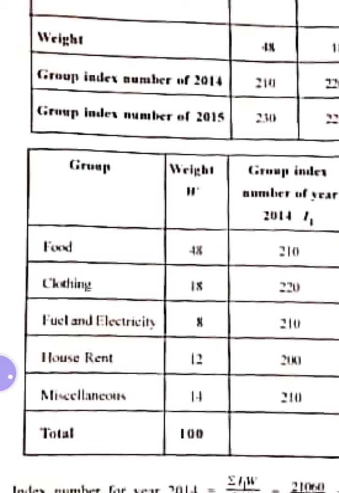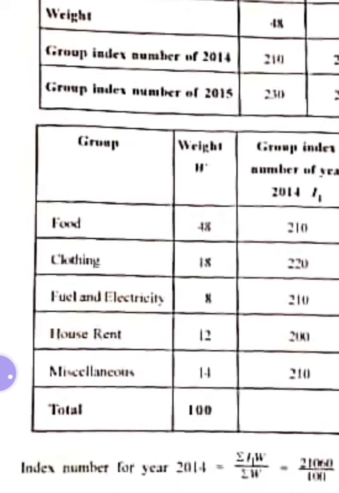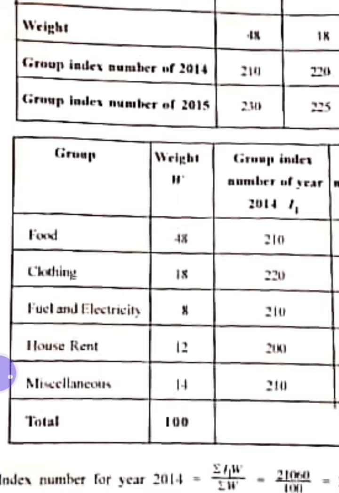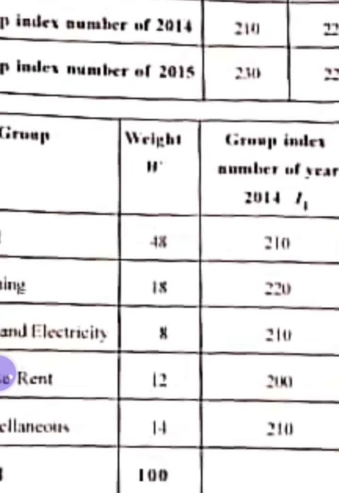We are going to take the groups vertically: food, clothing, fuel and electricity, house rent and miscellaneous. Then the weight, that is W, which you would find is 48, 18, 8, 12 and 14.